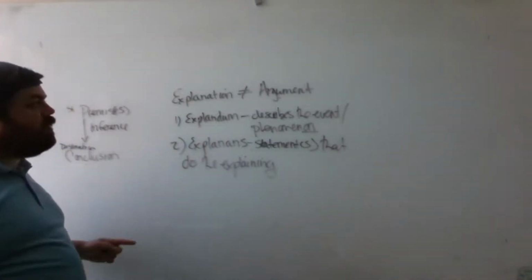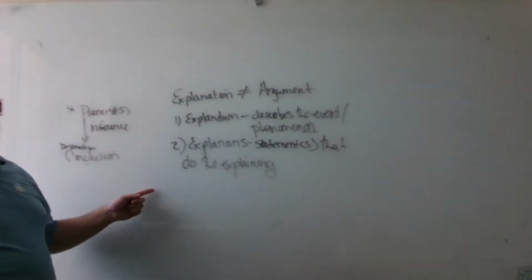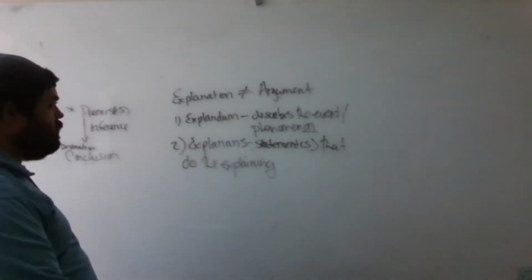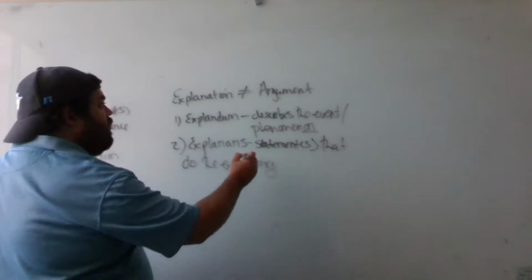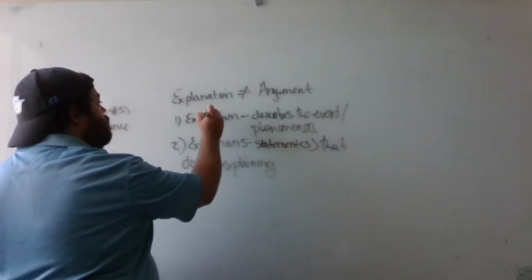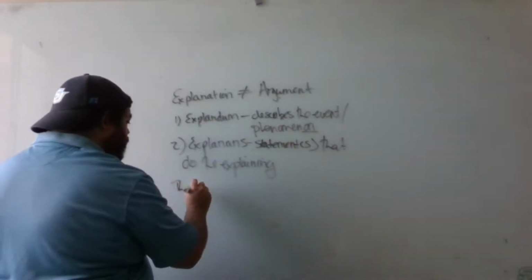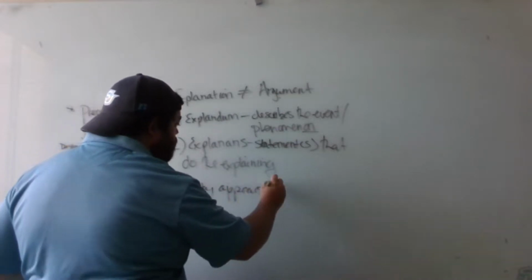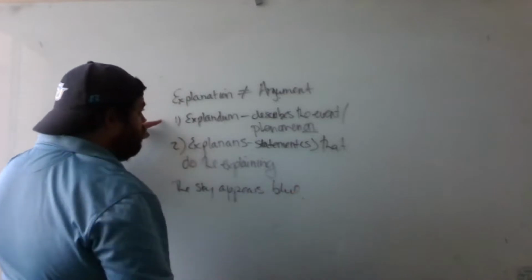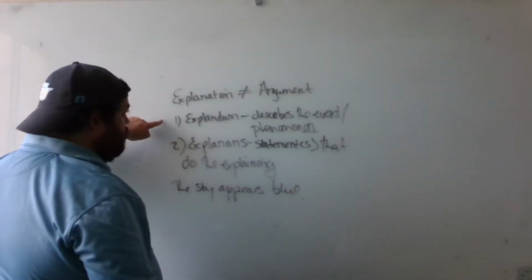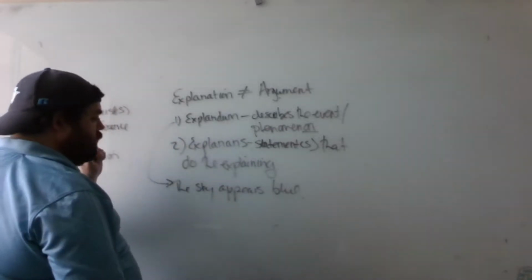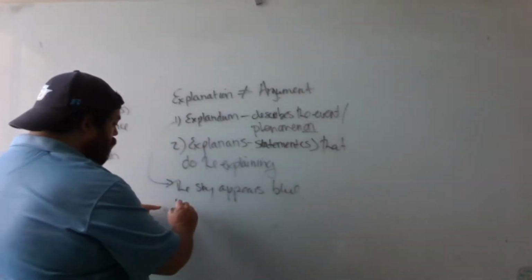So let's take a look at the example in the book. The sky appears blue from the Earth's surface. So the sky appears blue. That's just a description of what needs explained. So the explanandum is the object of explanation. And then why?